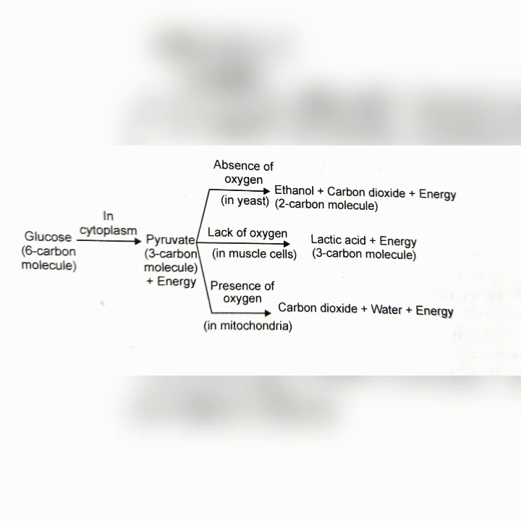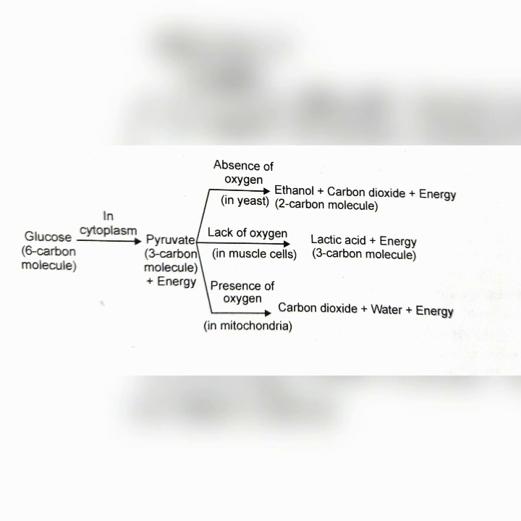What is the next step? The second one is also anaerobic respiration, which occurs in our muscle cells in lack of oxygen. When there is lack of oxygen while doing vigorous muscular activities, pyruvate is converted into lactic acid, and this buildup of lactic acid in our muscles causes fatigue or muscular cramp.